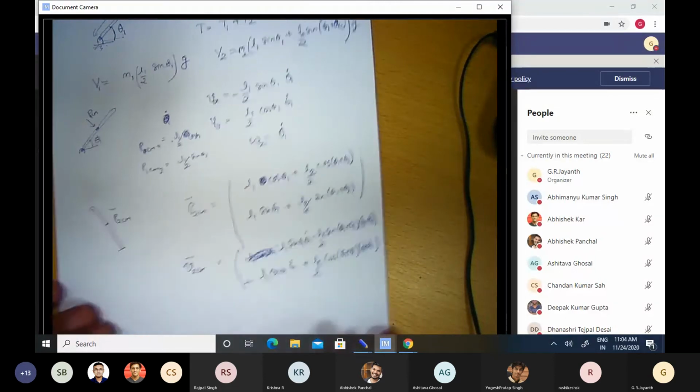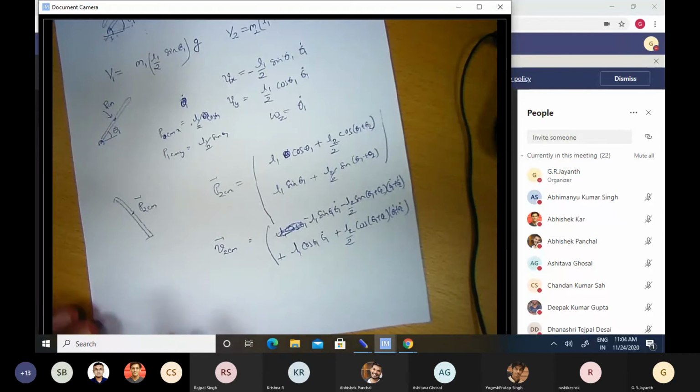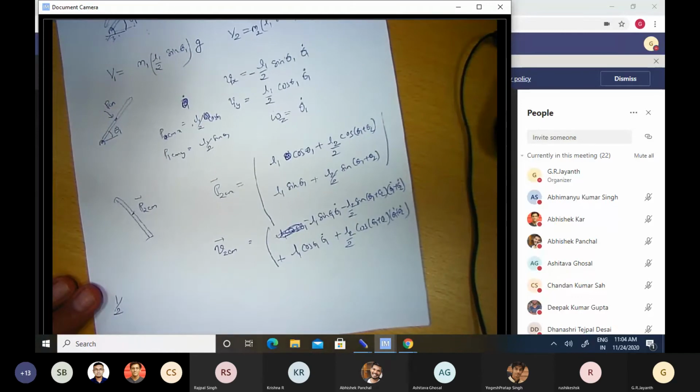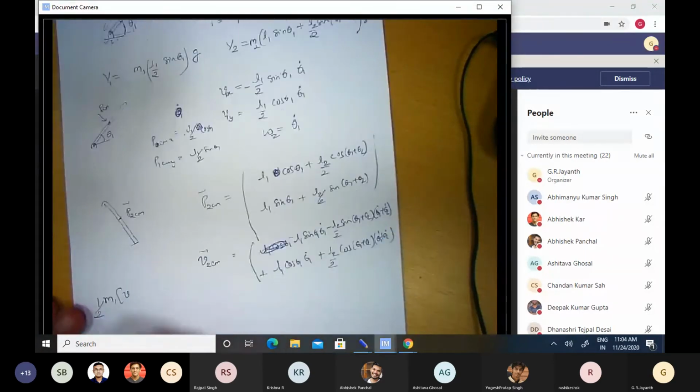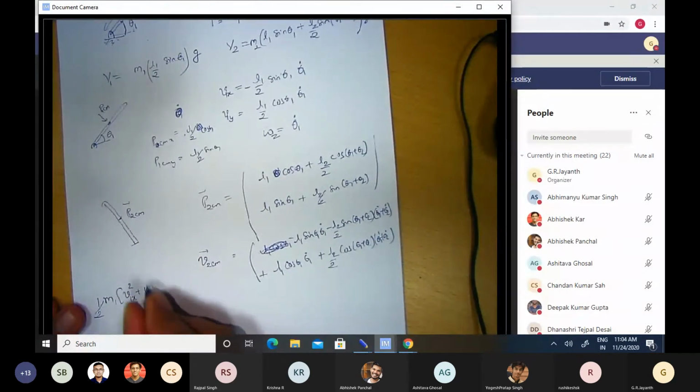So what is the total kinetic energy? The total kinetic energy will be equal to half of the first mass m1 times the velocity of its center of mass squared. So that's going to be equal to v1x squared plus v1y squared.